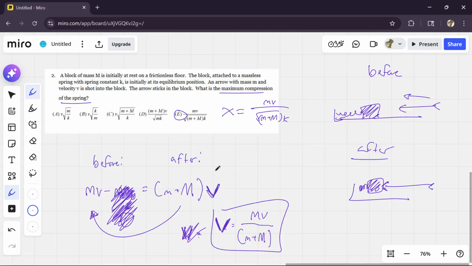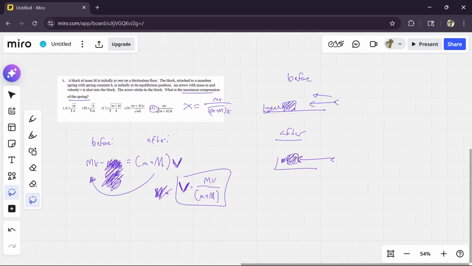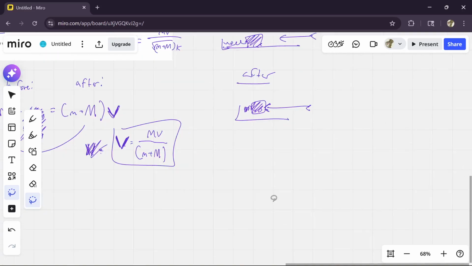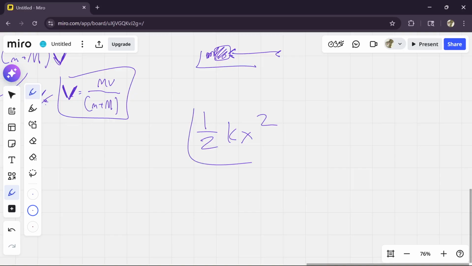So knowing what our big velocity is, the velocity once the two combine, we can begin to solve for x, right? So where is x present in the spring? It is present in the formula 1/2 kx squared. We're going to be using this.